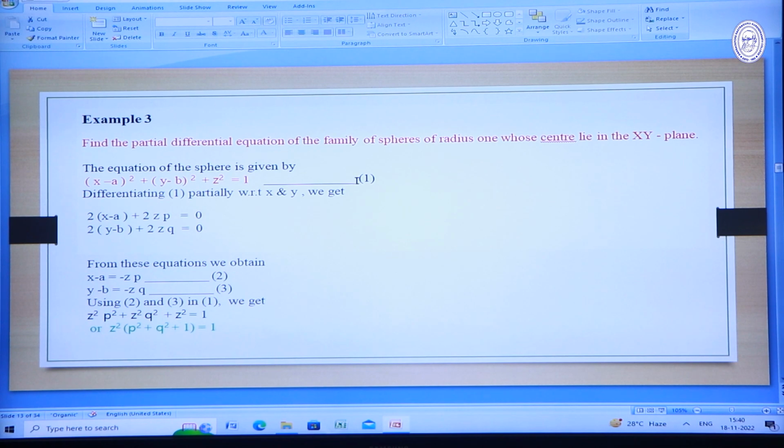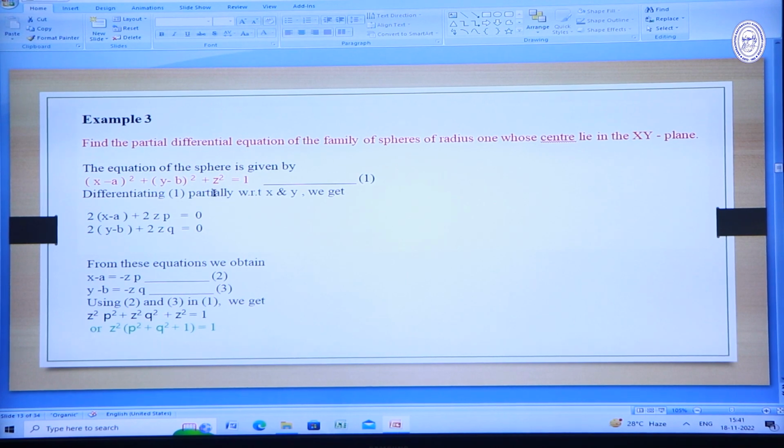Here the family of spheres of radius 1 whose centers lie in the xy plane is of the form x minus a whole square plus y minus b whole square plus z square equal to 1, where a, b, 0 is the center of the sphere.